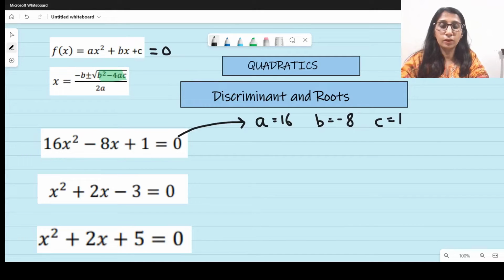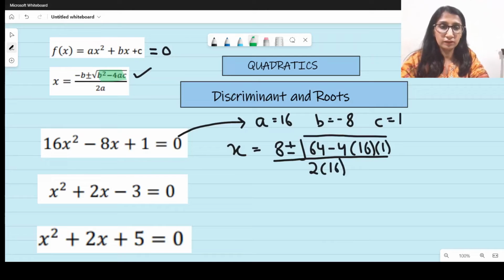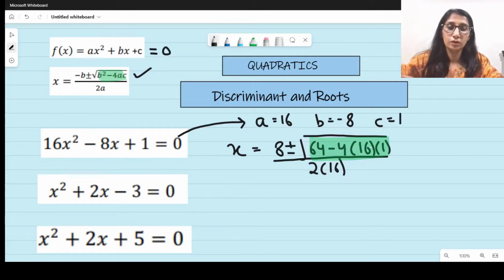So the quadratic formula will be x equals minus b, which means minus minus 8 is plus 8, plus minus the square root of b square, which is minus 8 whole square, which is 64, minus 4 times a, which is 16, and c is 1, upon 2 times a, which is 16. So notice that this value right here becomes 0.